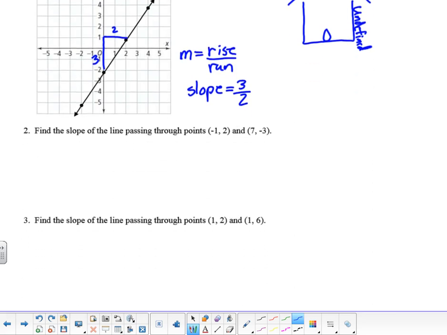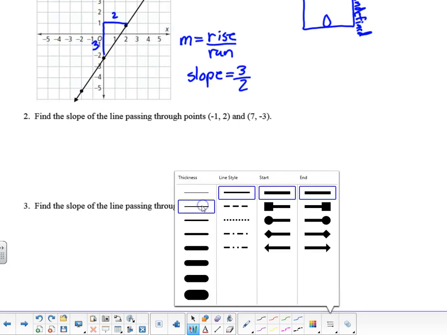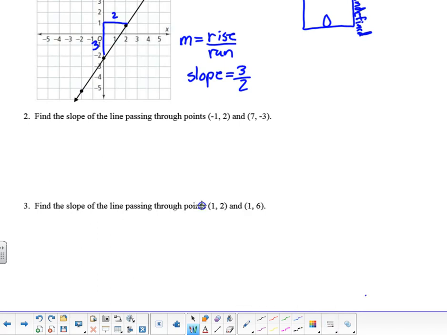All right, now, so we had that. That's from the graph, but when it's not given to us in a graph, sometimes it's a little simpler to use the slope formula. So we start off, we label our points x1, y1, x2, y2. Okay, here's our slope formula. Slope is y2 minus y1 over x2 minus x1.